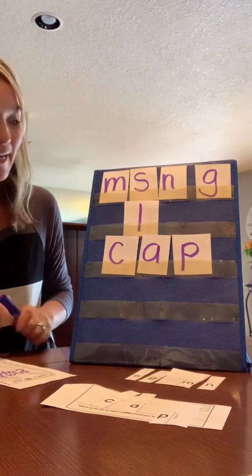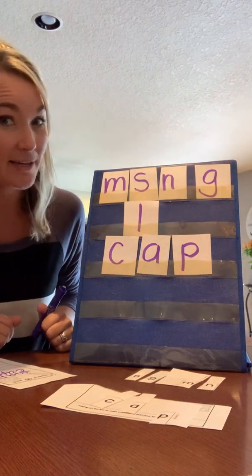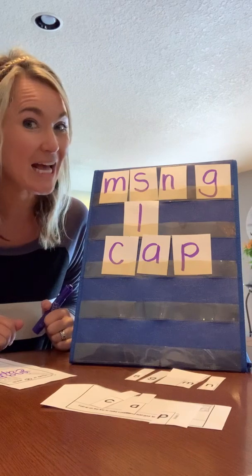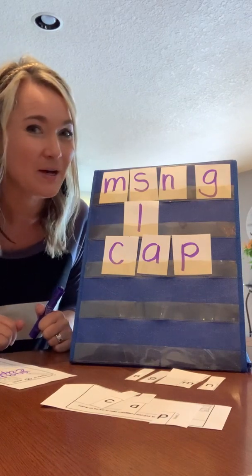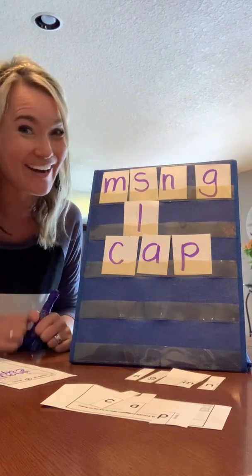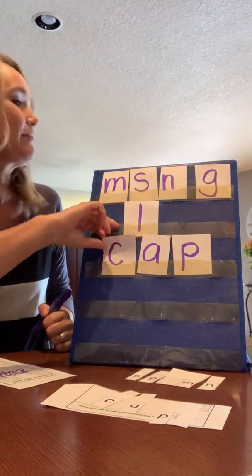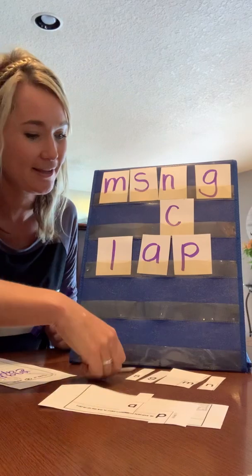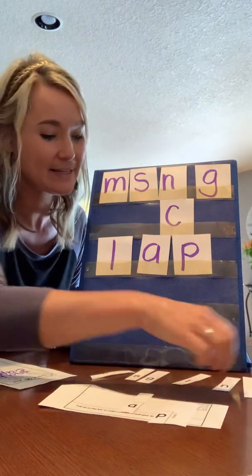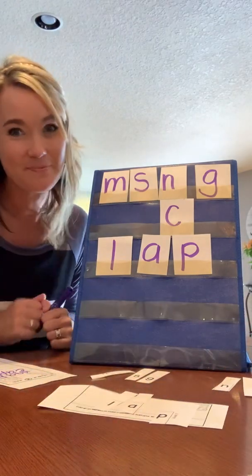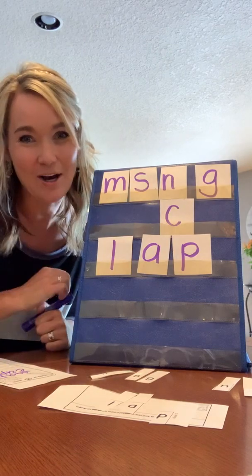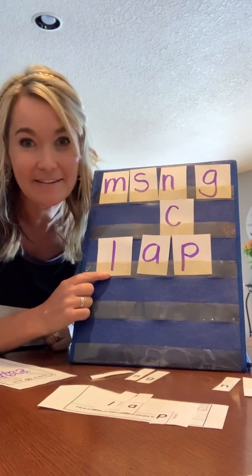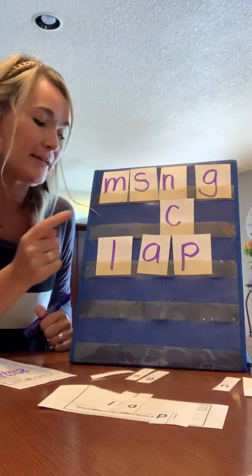Okay. Now, can you please change cap to lap? I'll give you a moment of think time. Do that right now with your letters, and then check with mine to see if you did it correctly. If not, please fix it. Does yours look like mine? Awesome. Touch that L and sound it out with me. Get ready.